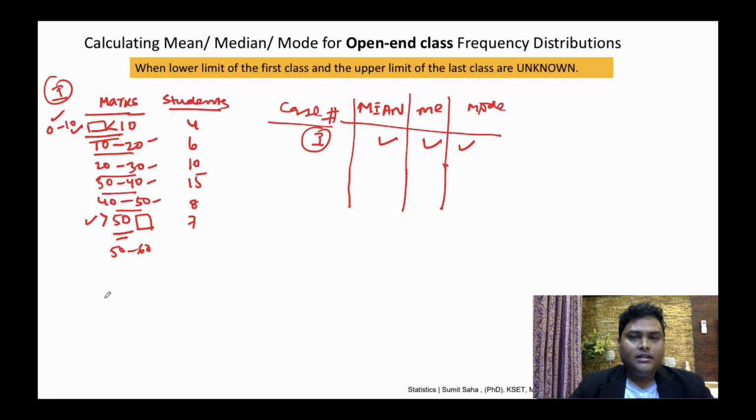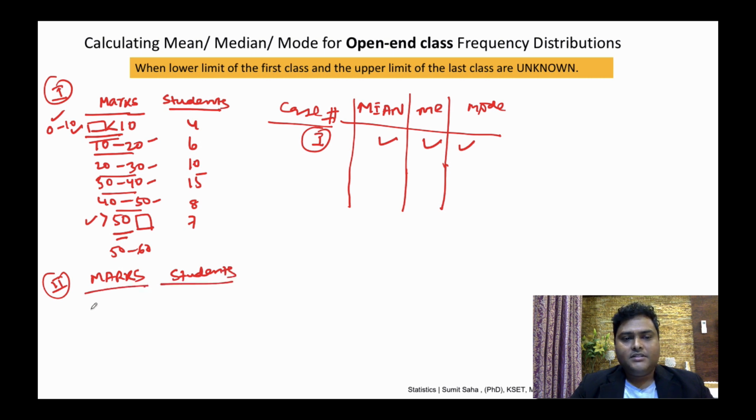Now think of case number 2. A similar example is given but in this manner. Marks and students.